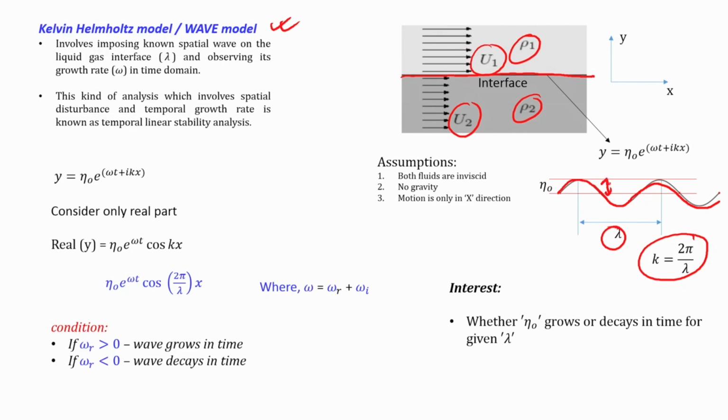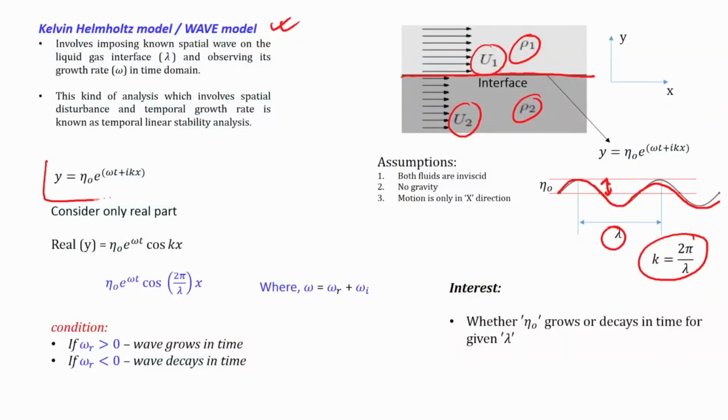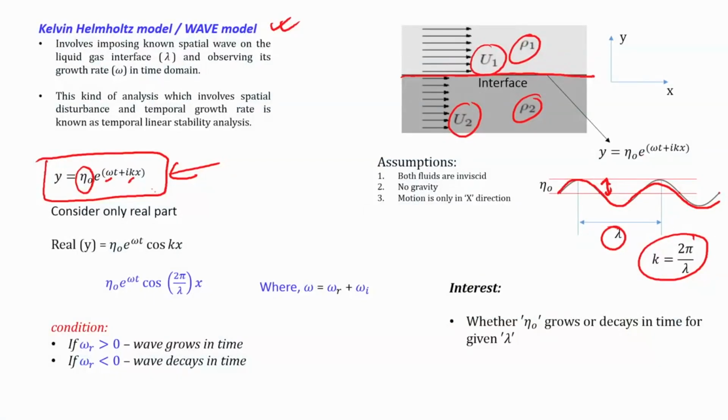The idea is to see, if there is a perturbation on the interface, whether that perturbation grows or decays. If you look back at the slide, you will find that the perturbation can be written in this particular form. That means y is the amplitude with which this perturbation is growing. There is an n naught, and then there is an omega, and this k is the same as this k.